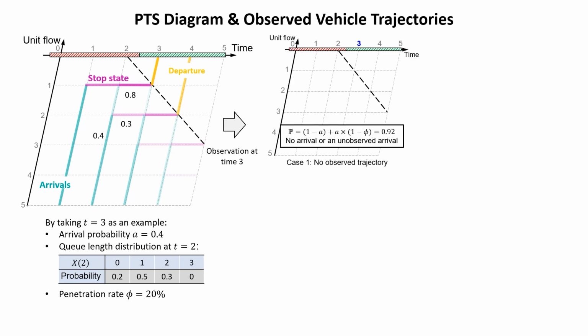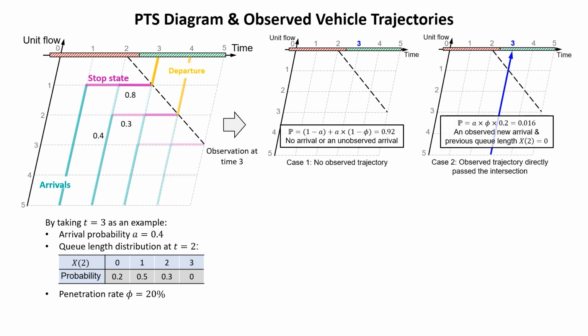First, we observe no trajectory. This could happen if there is no arrival or a new arrival that is not observed. Second, we observe a trajectory that passes directly through the intersection. This could happen if we observe a new arrival and the previous queue length x_2 equals 0.